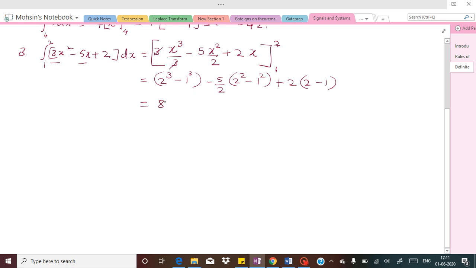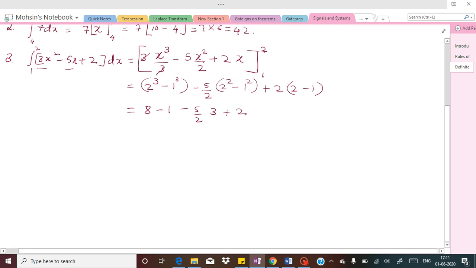2 cubed is 8, minus 1, minus 5 by 2 times 2 squared, which is 4, minus 1 is 3, plus 2 times 2 minus 1, which is 1, so it is going to be 2. So if I write this, it becomes 7 minus 15 by 2 plus 2, or 9 minus 15 by 2.